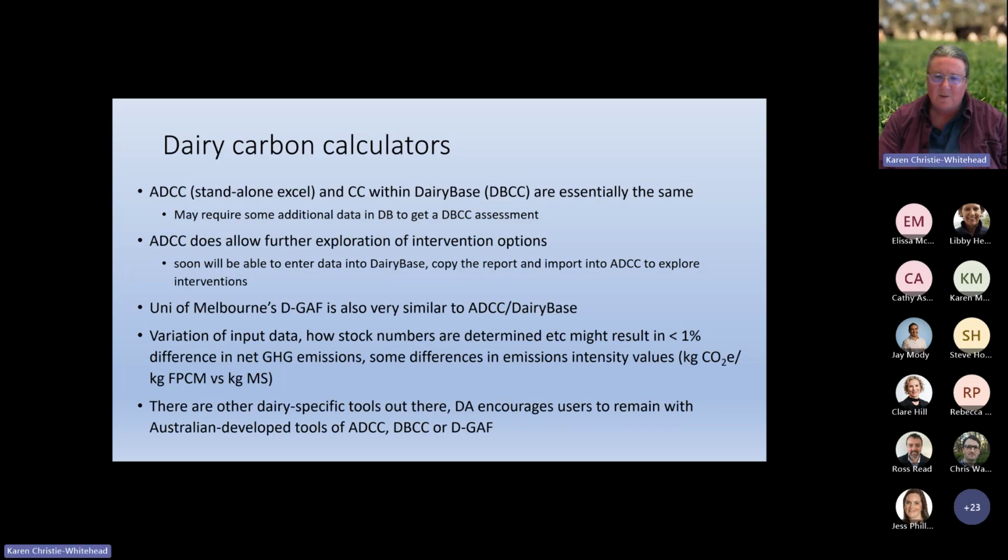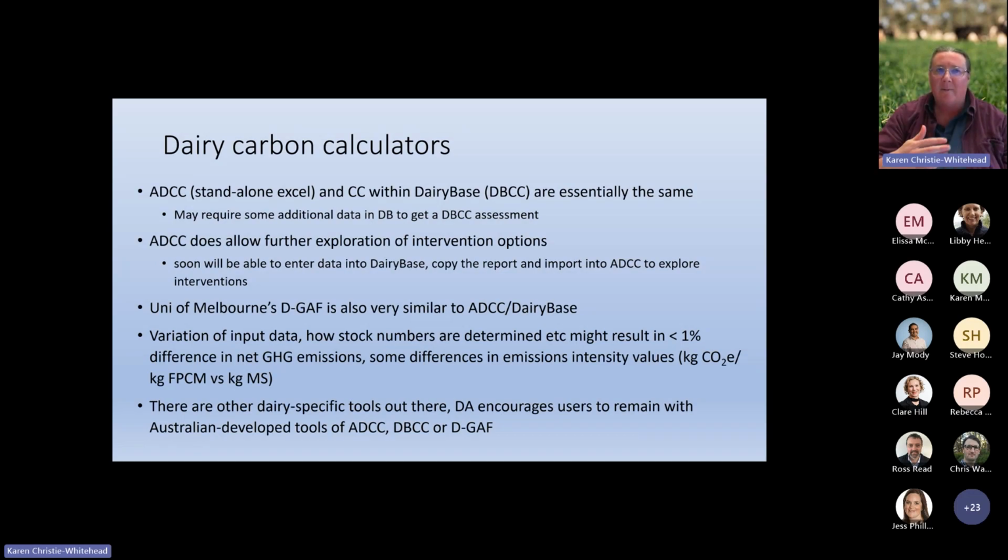Dairy Australia, and I concur most definitely with this, we encourage users to remain with the Australian developed calculators, and which tool you use is a decision for you to make. There's advantages of all three, and I won't say there's disadvantages, but there are subtle differences between all three, but we're saying wherever possible, stick to the Australian carbon calculators.